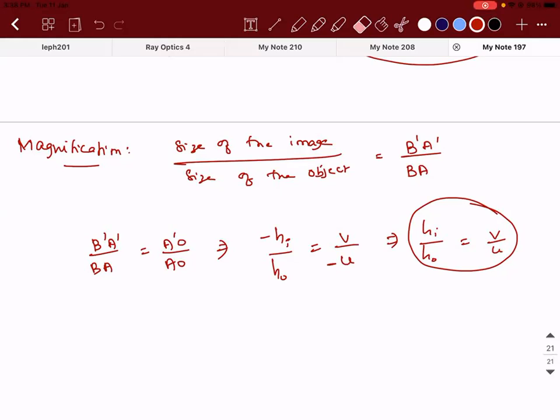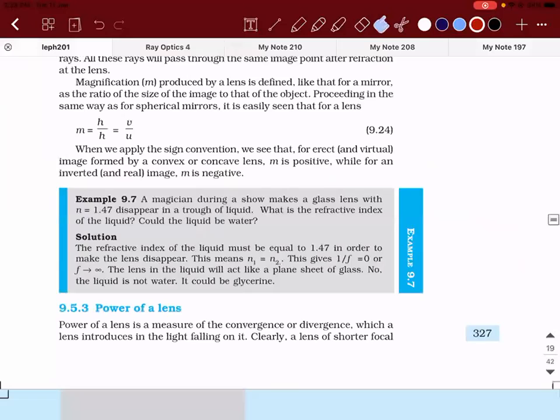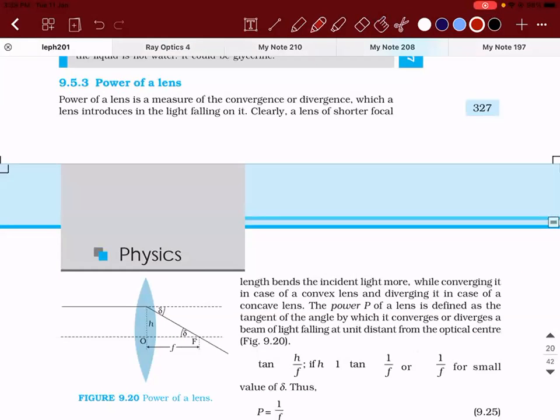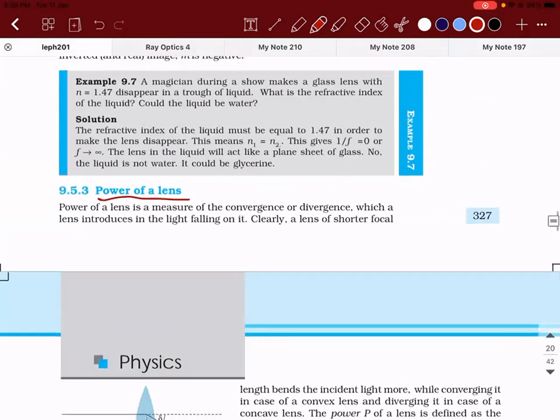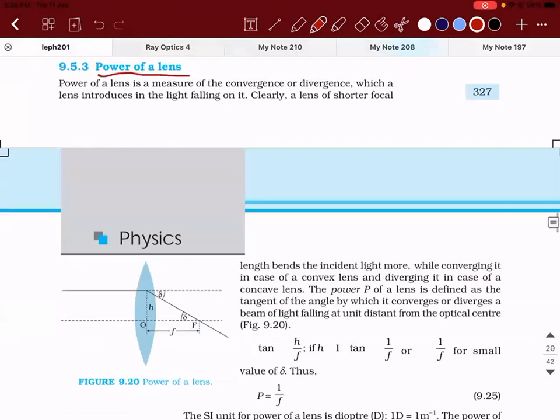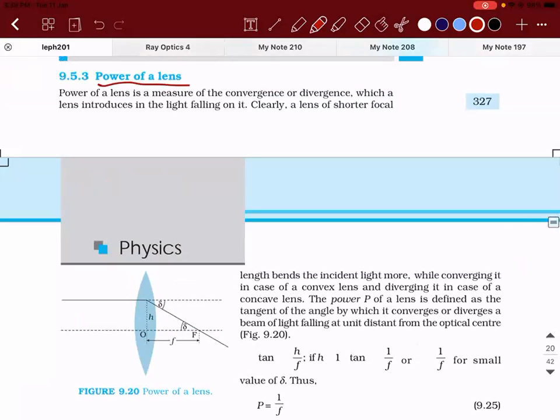Next is power of lens. So next concept is power of lens. So power of lens is what? It is basically going to tell you the measure of convergence or divergence which a lens introduces to the light falling on it.